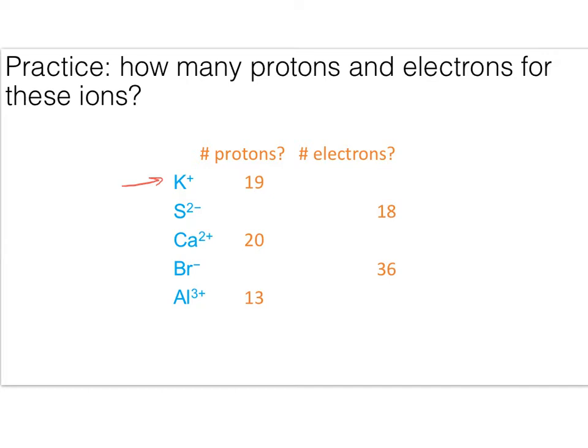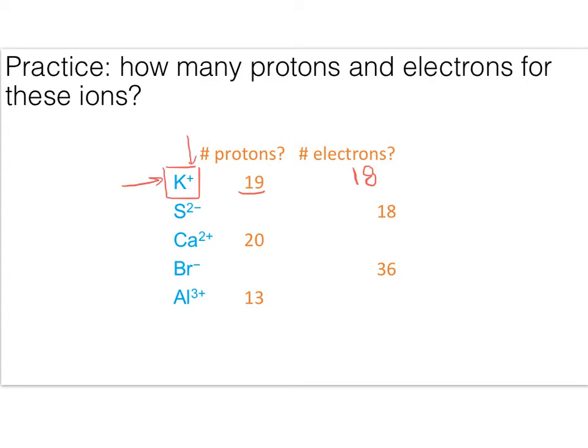Potassium has 19 protons. This particular one is a potassium cation, which means it is missing an electron compared to neutral. It has more positive than negative. If it's missing one electron, then we would say this is 18. So 18 negative and 19 positive should give us a positive 1 charge.